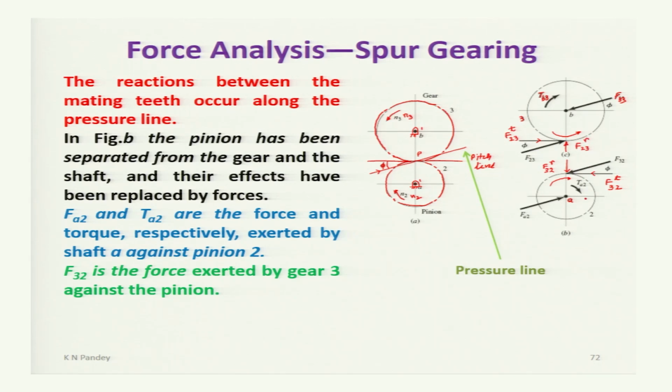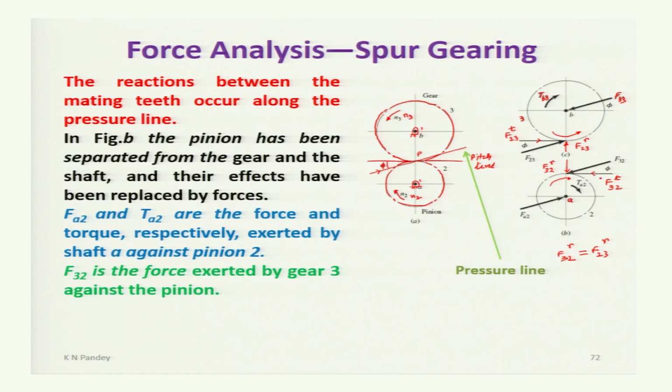It is clear from this diagram that F32 radial will equal F23 radial, and both are acting towards the center of rotation of the pinion and the gear respectively. Similarly, F32 tangential will equal F23 tangential, but their directions are different.